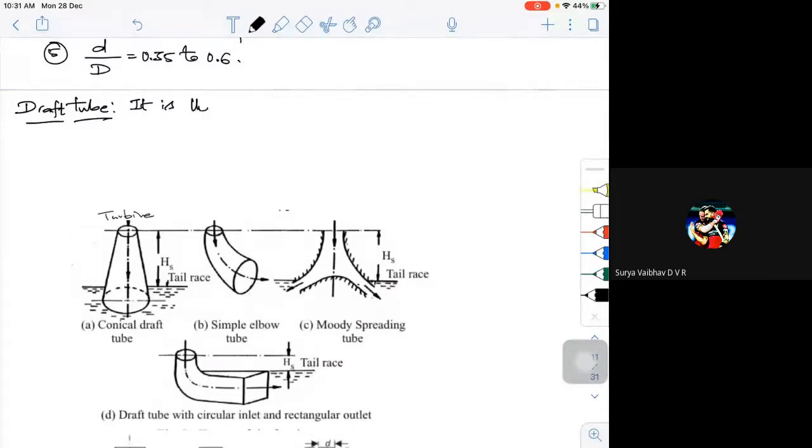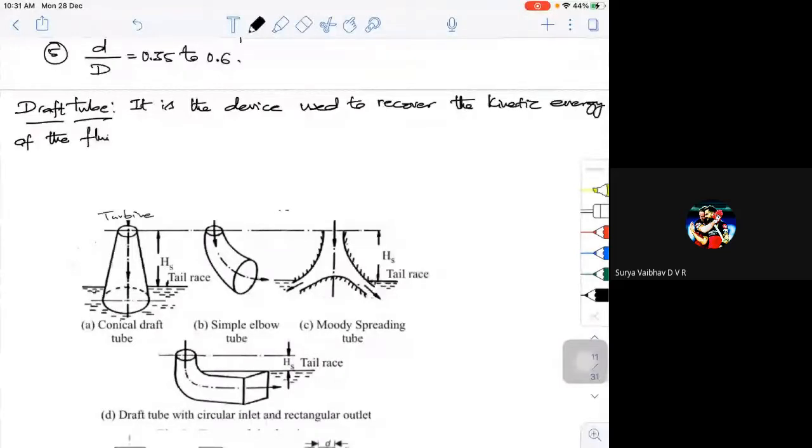It is the device or part used to recover the kinetic energy of the fluid exiting the reaction turbine, to be very precise, because we won't find a draft tube in an impulse machine.